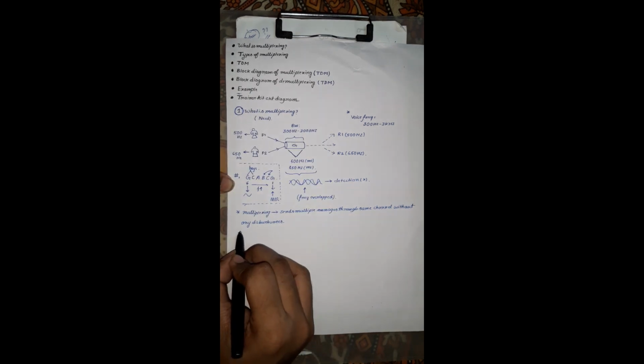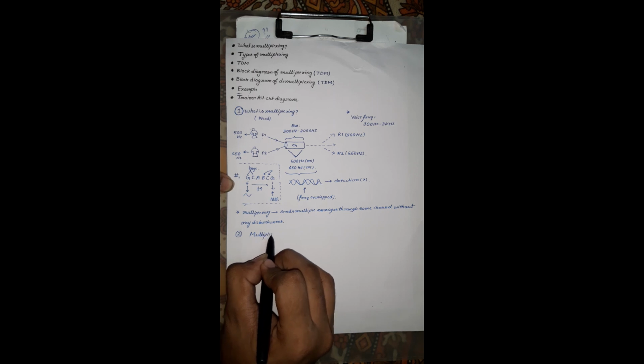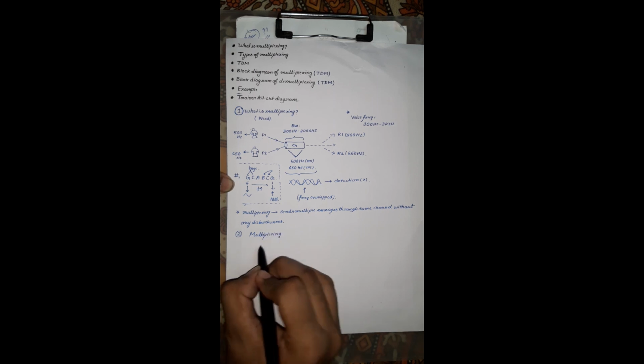Now we will see what are the types of multiplexing. Multiplexing in digital communication has been divided into two types. One is TDM, that is time division multiplexing, and one is FDM, that is frequency division multiplexing.